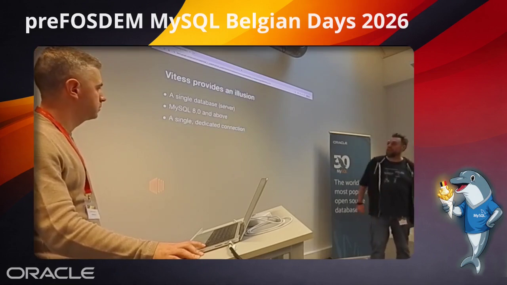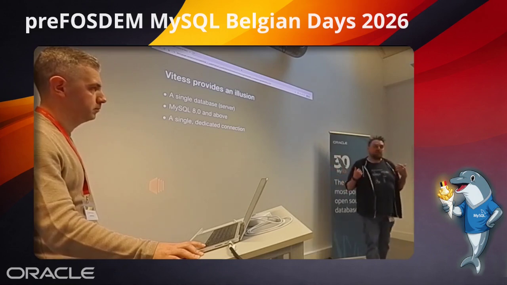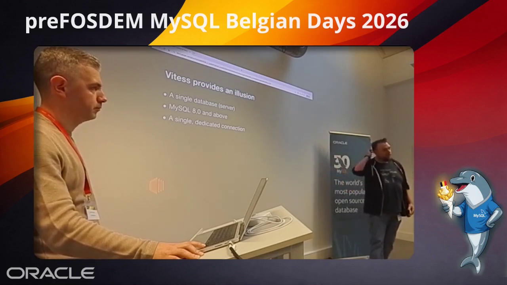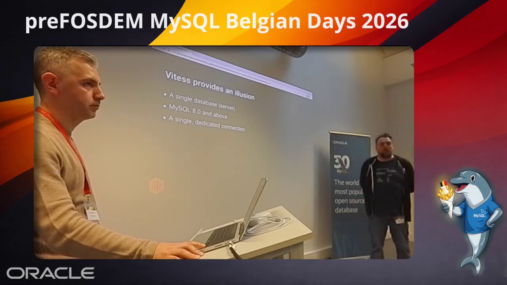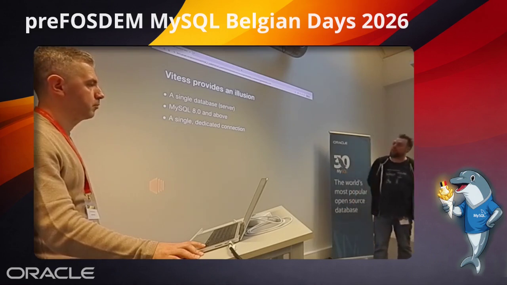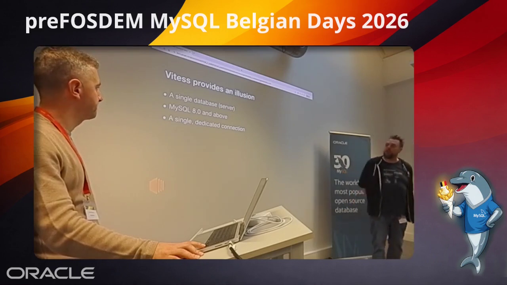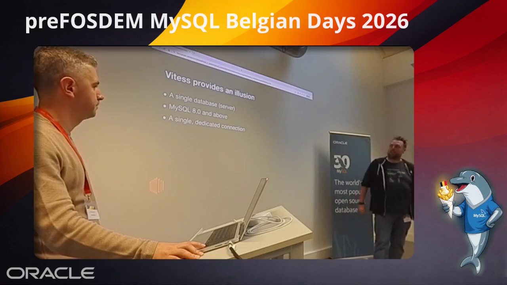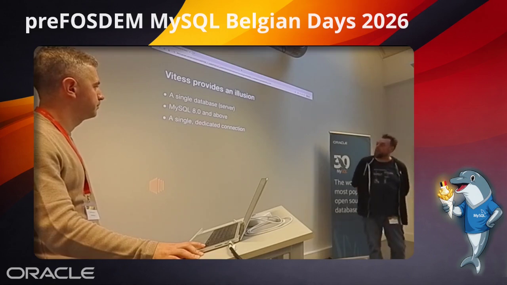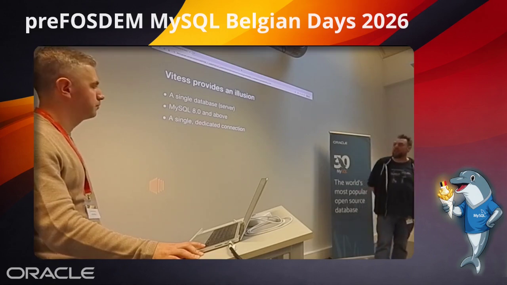So Vitess provides your application an illusion: if you connect, it looks like you have one large database. Each keyspace shows up as a different database if you do show databases, and if you show tables from each of the keyspaces, you will see the tables that are there. It supports MySQL 8 and above.